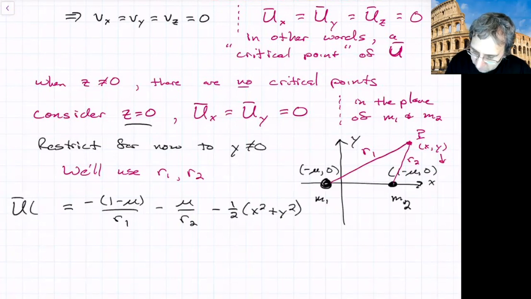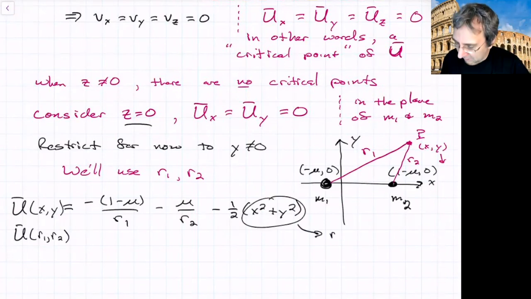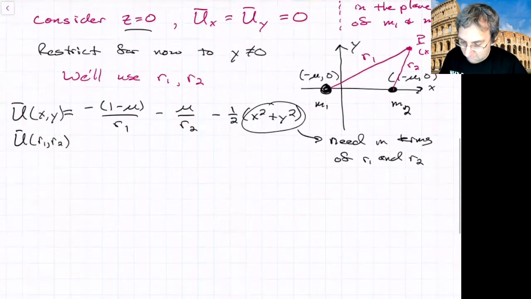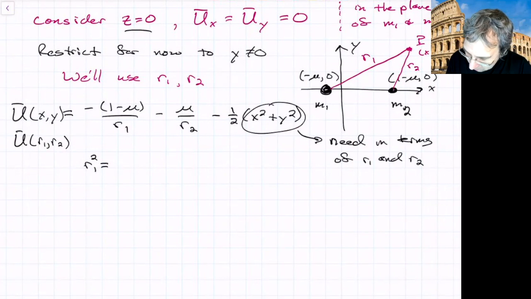And here's what we're going to want to do. When I made that plot, I was thinking of the effective potential written in terms of x and y. But what we'd like to do is write this in terms of R1 and R2. But that means we need to write x squared plus y squared in terms of R1 and R2. And fortunately, we can do that. What is R1? Well, let's do R1 squared. R1 squared is the distance from the point P to M1.